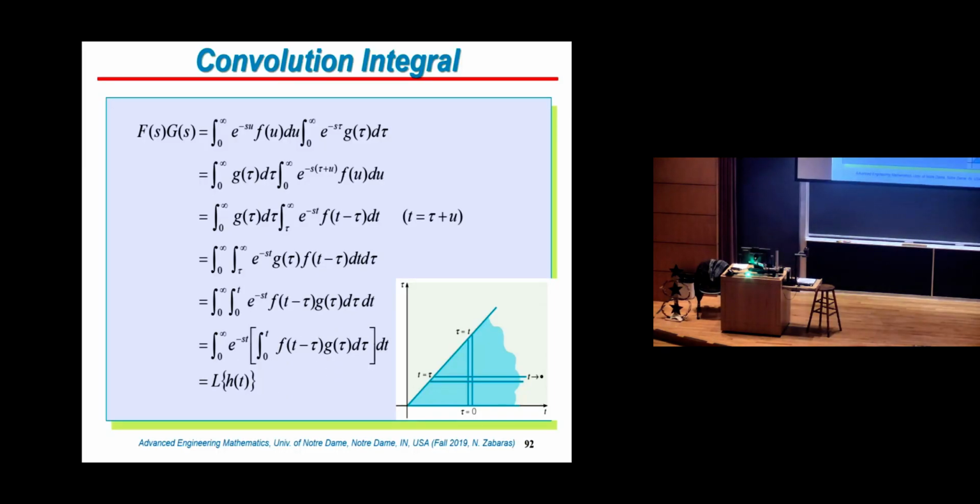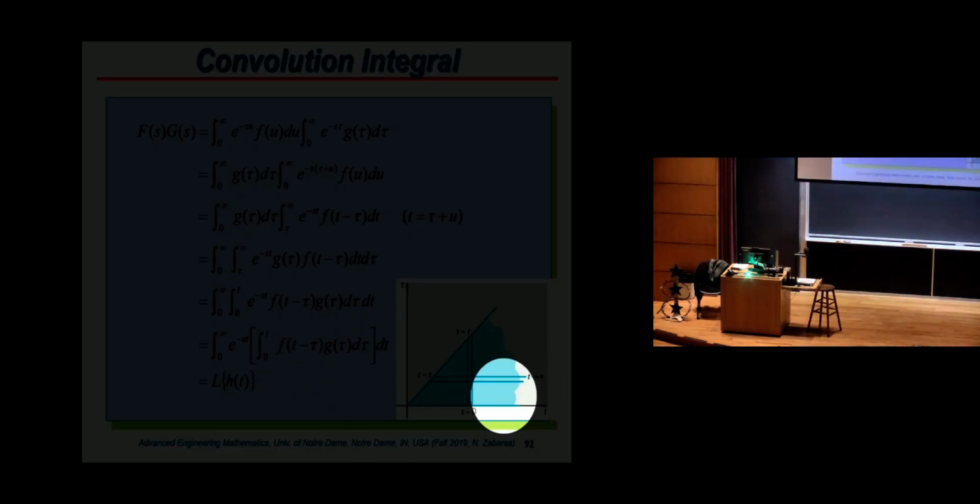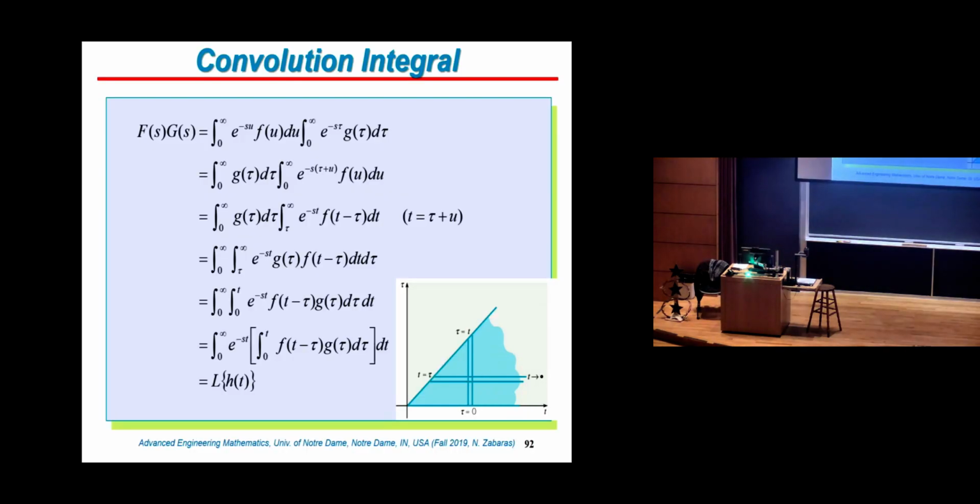It takes just a minute or so to understand what's going on. But here's the idea. If you have two variables, and I call these variables t and tau, and you want to integrate below the line t equal to tau, this darkened area that you see, there are two ways to do the integration.